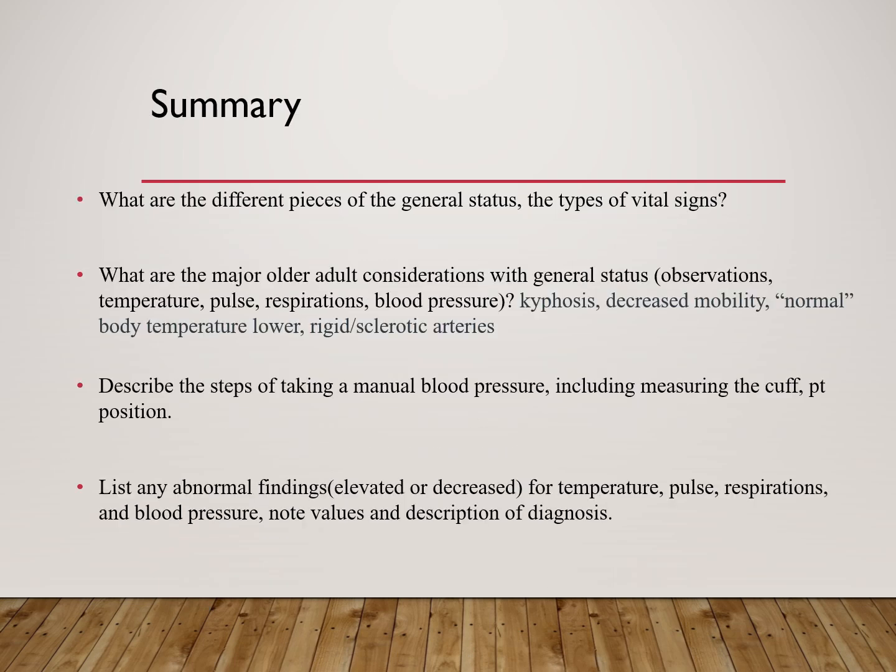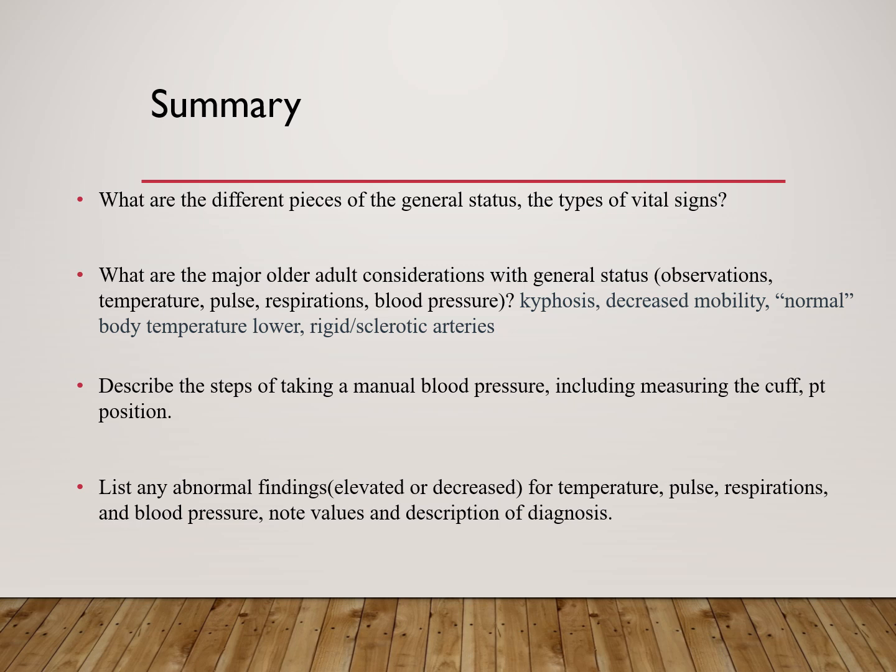In summary, in Chapter 8, what are the different pieces of the general status and the different types of vital signs? Do you know what are the major older adult considerations in general status and vital signs, including the observations, temperature, pulse, respirations, and blood pressure?